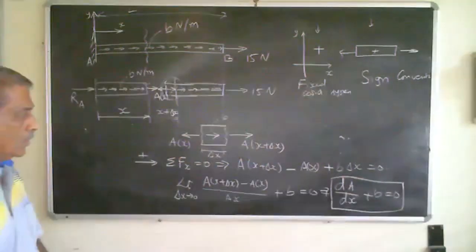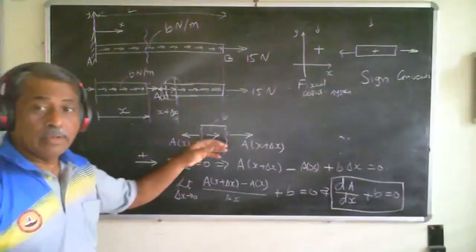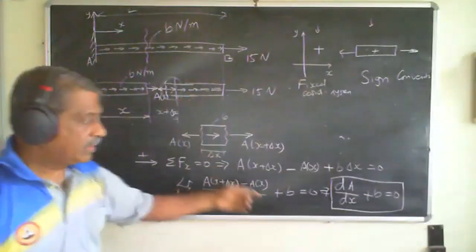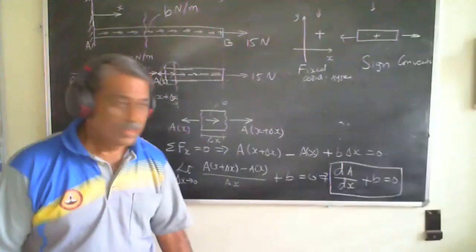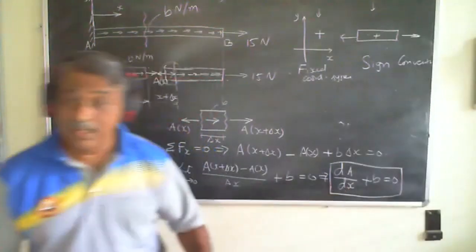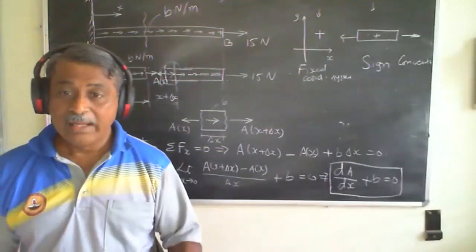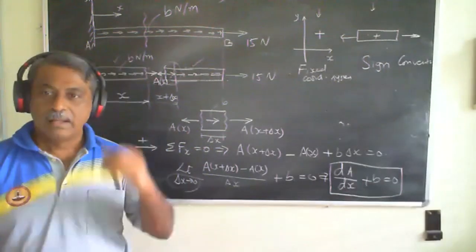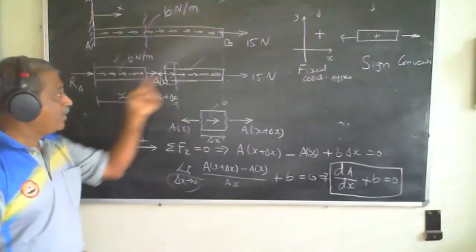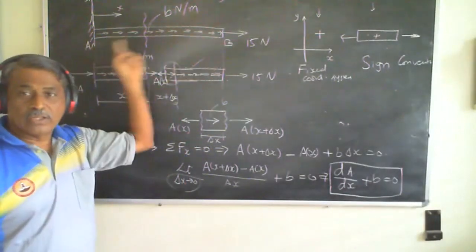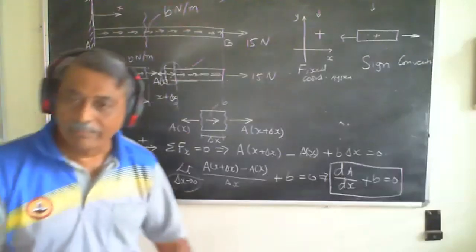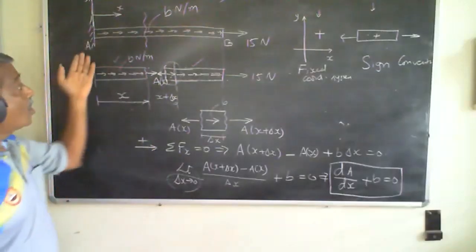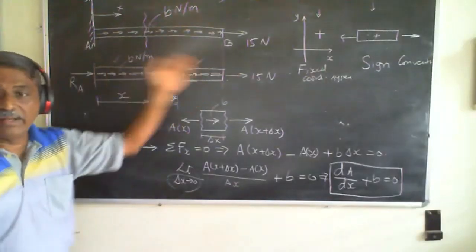Right? What's the difference between the earlier equation and this equation? This denotes equation for equilibrium of what? At any point. So any point of this rod is in equilibrium. And there is continuity maintained, right?